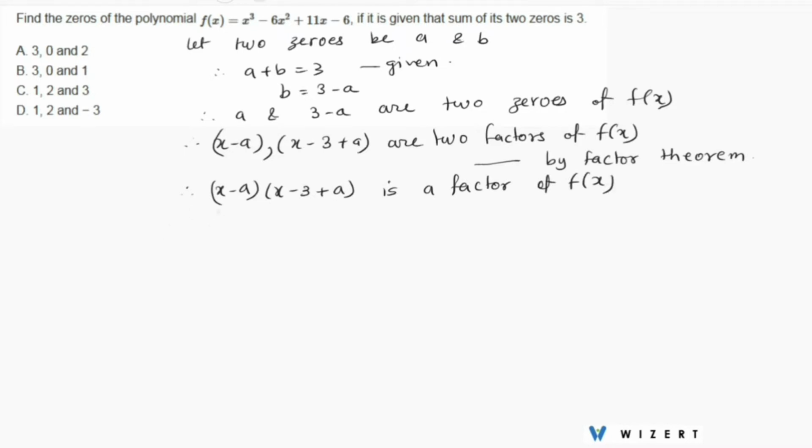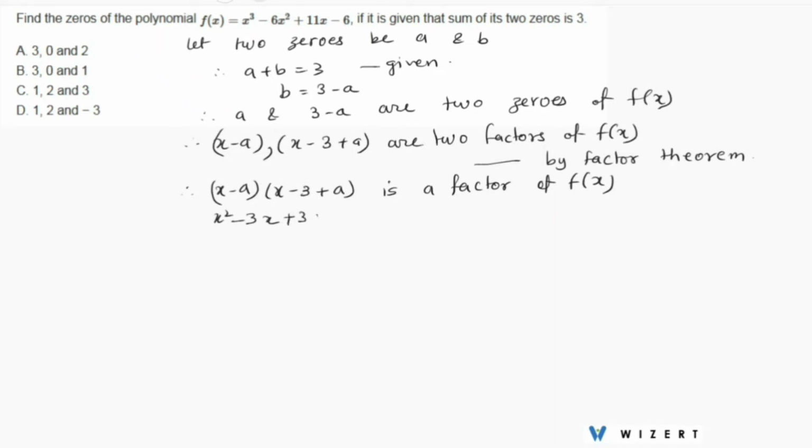So let's see, x square, so minus ax plus ax will cancel out. So we are left with minus 3x. So minus 3x and minus 3 minus a is plus 3a and minus a plus a is minus a square.